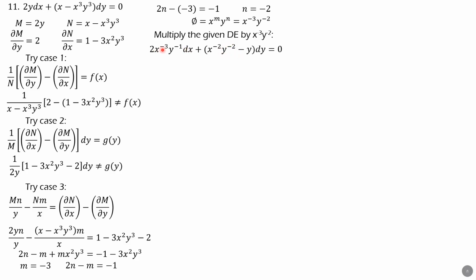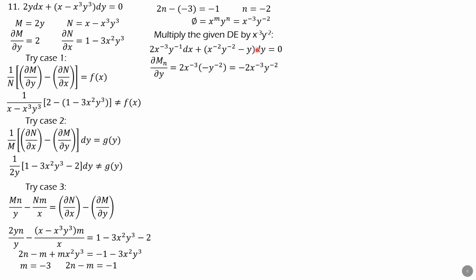Partial derivative of this with respect to y is equal to 2x to the negative 3, then negative 1, y to the negative 2. So partial of m new with respect to y is 2x to the negative 3, derivative of y to the negative 1 is negative 1, y to the negative 2. Simplifying, that's negative 2x to the negative 3, y to the negative 2.